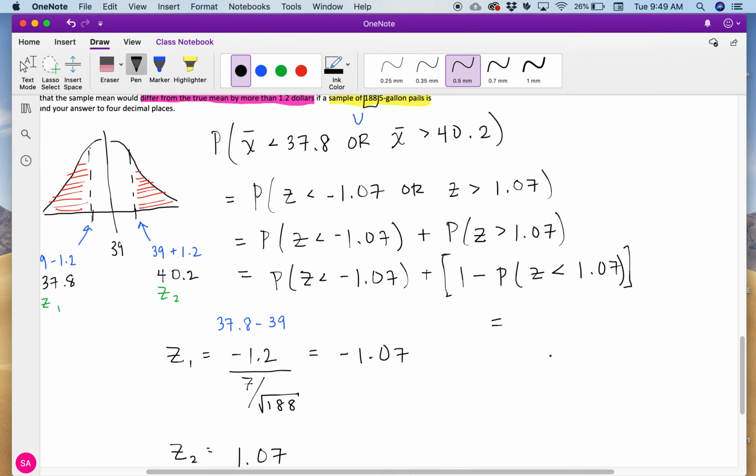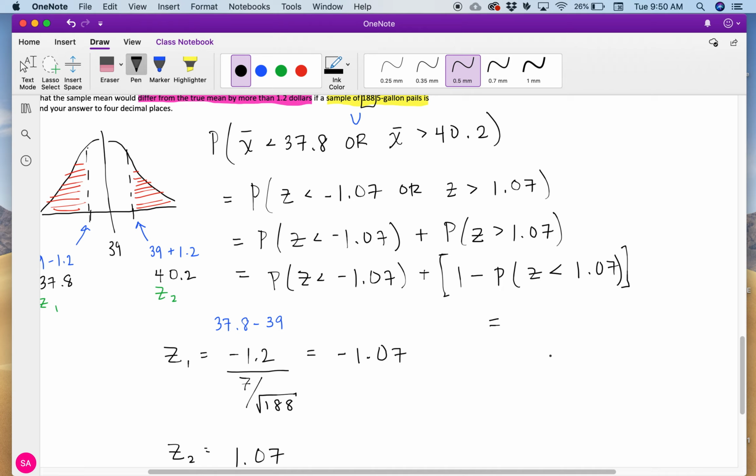Okay, so check your Z table. Let's see if we get the same answers. The probability that Z is less than negative 1.07 should be 0.1423, plus, and then we have this 1, so plus 1, and then minus the probability that Z is less than 1.07.